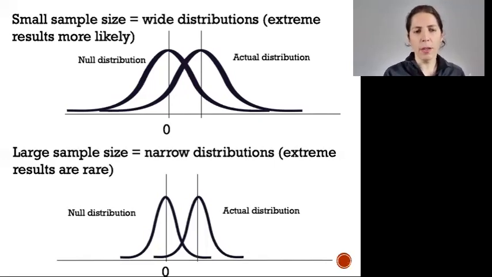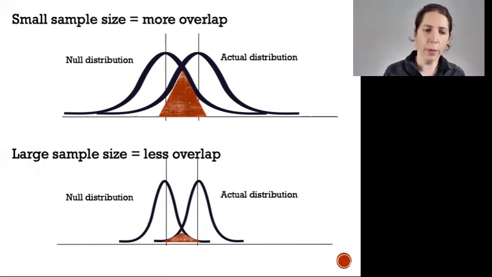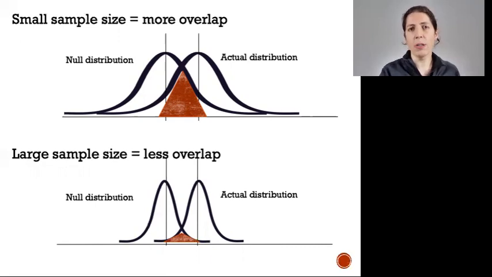So you can think of this as how much overlap is there between the null distribution and the actual distribution. And with a larger sample size, there's less and less overlap, which means we're going to be able to reject the null hypothesis more often. We're going to get a result that's far away in the tail of the null distribution with a small p-value and reject the null. So this is why increasing your sample size helps your statistical power.